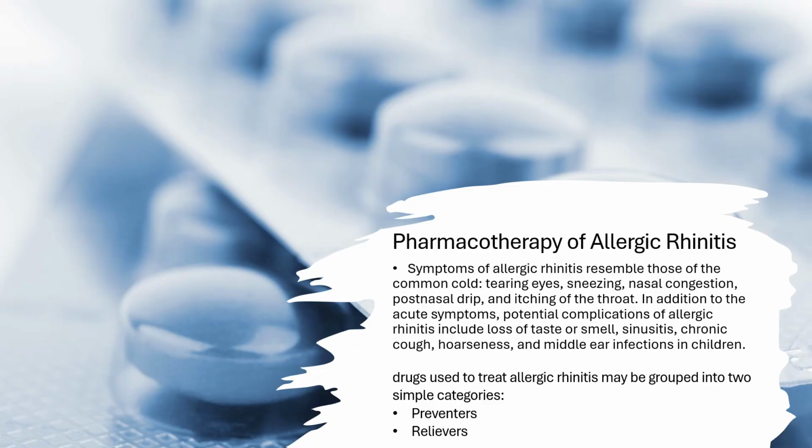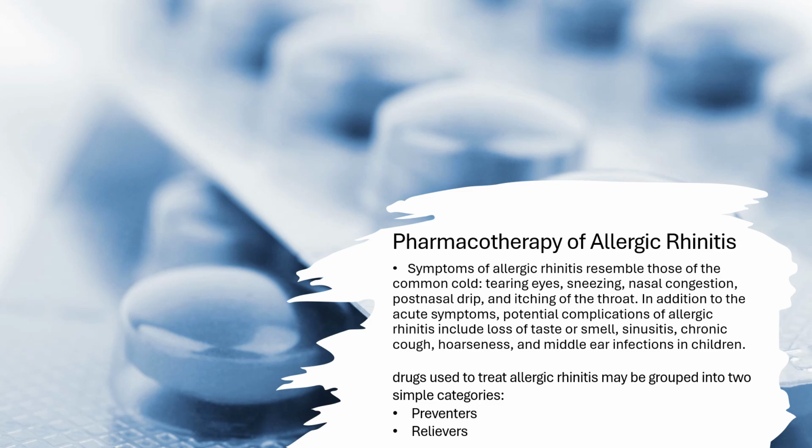As with other allergies, the cause of allergic rhinitis is exposure to an antigen. An antigen or allergen may be defined as anything that is recognized as foreign by the body's defense system. The specific allergen responsible for a patient's allergic rhinitis is often difficult to pinpoint.